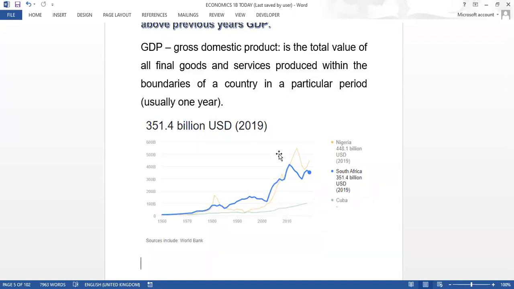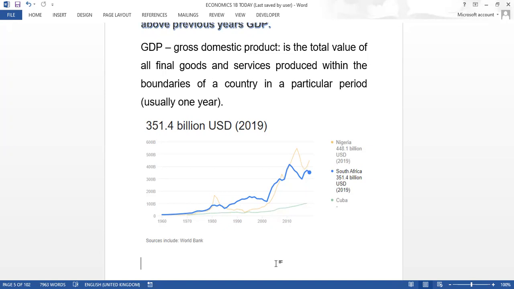We have Nigeria, we have South Africa, we have Cuba, where you can see in graphical terms how much has been produced in each and every country along the number of years from 1980 to 2010, where you can see how much production was happening within the three nations. So you can see that generally the graphs are all upward sloping, except beyond 2010, where some are going down. That is after the World Cup. South Africa was also going down. Nigeria was also going down, etc.